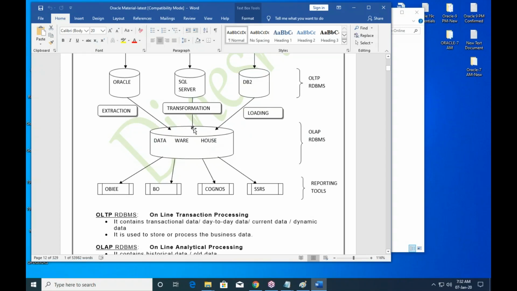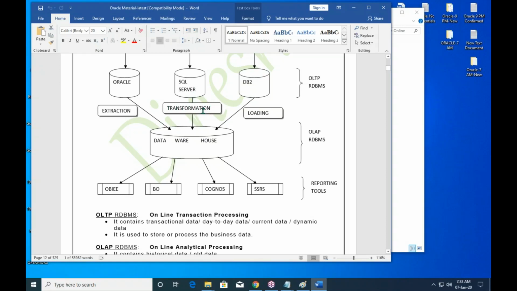At midnight on December 31st, there are some loading scripts, loading programs. They will automatically take data from the OLTP databases. Taking data means extraction. Extracting data from the OLTP databases and making some changes, that is applying transformations.